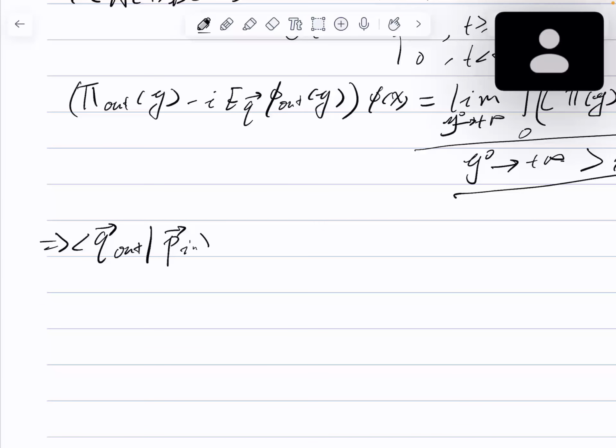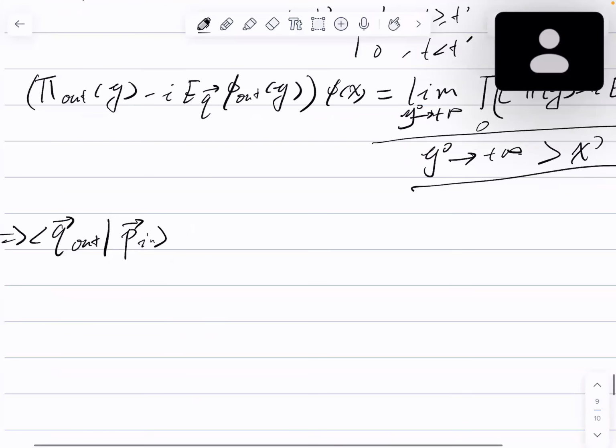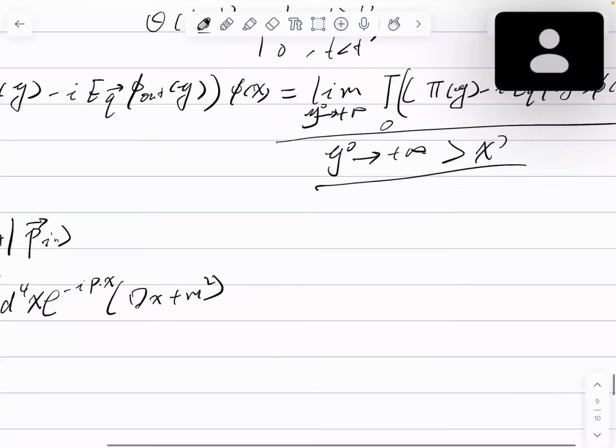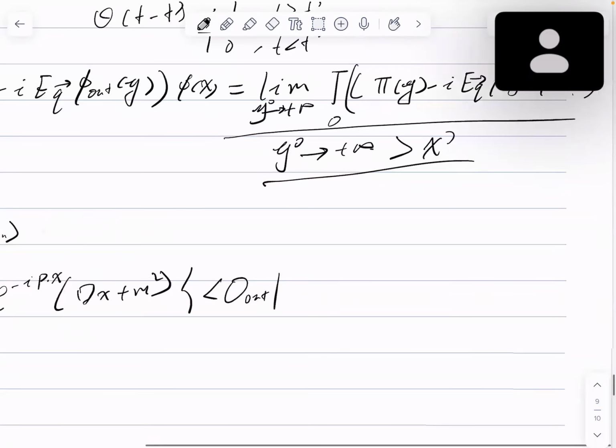P in equals for x minus IPX, the x as m square, out state.